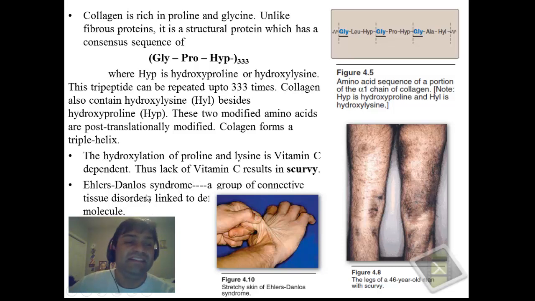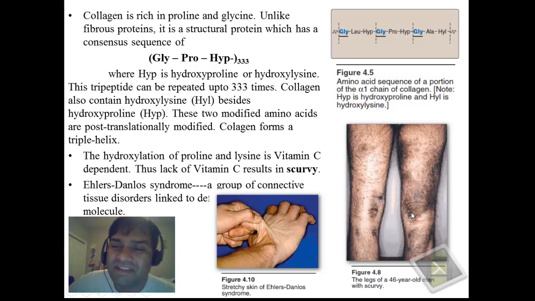There are a lot of diseases associated with mutations in collagen. One of them is Ehlers-Danlos syndrome. This is the stretchy skin syndrome. That is linked to some mutations in collagen. This is scurvy, the legs of a patient who has not taken enough vitamin C. You can see his skin is very easily bruisable, and it has a black and bluish tinge to it.